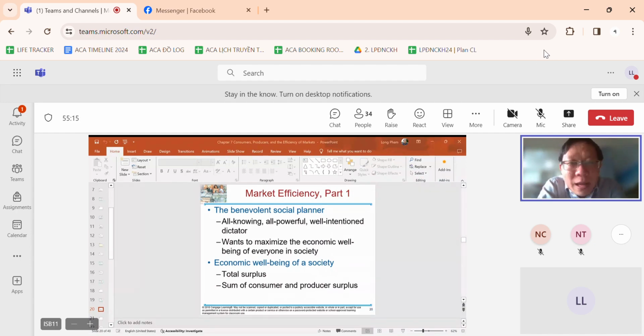That's good. And now we move to the market efficiency part. I prefer group six. Group 2 and group 4 did well, and now group six, market efficiency.